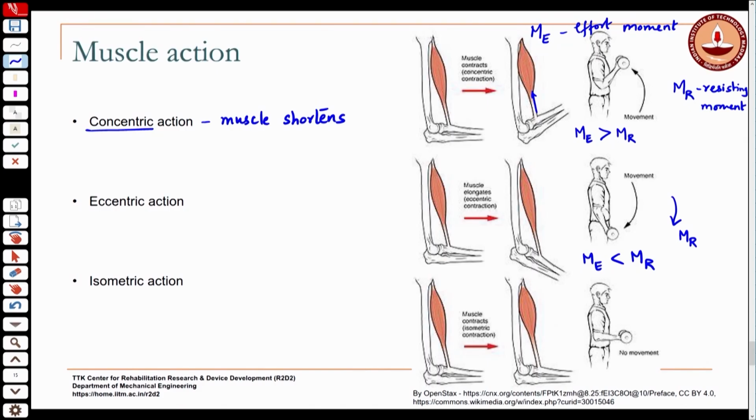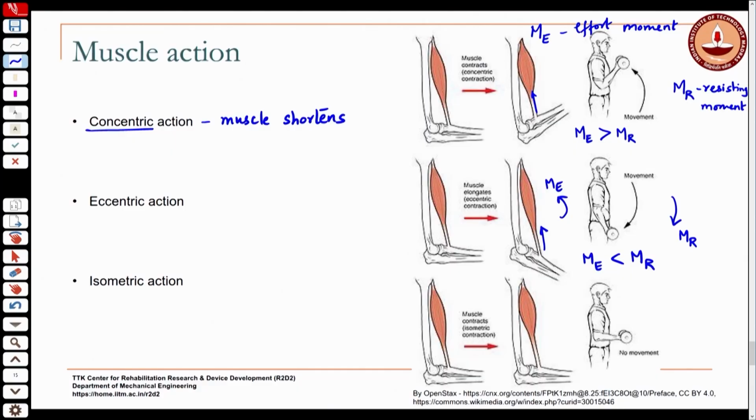And the movement is in the direction of the resisting moment. It is opposite to the direction of the muscle moment, because the muscle is still pulling here, and the muscle can only exert tension. So, the muscle moment is still applied in this direction. The muscle cannot push. This kind of eccentric lengthening is usually done by some kind of external load.